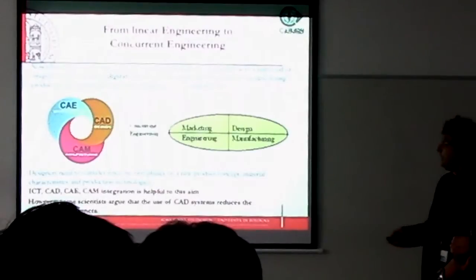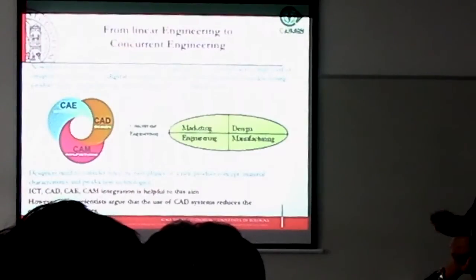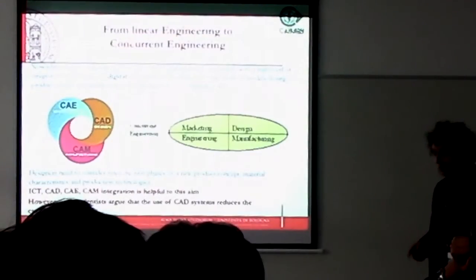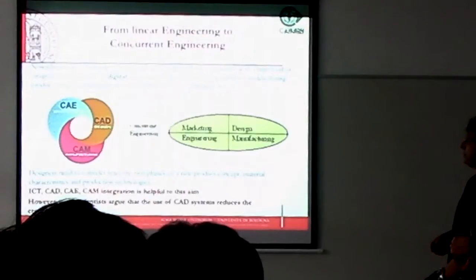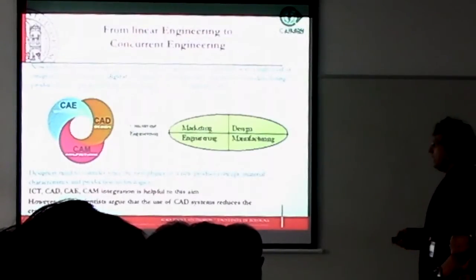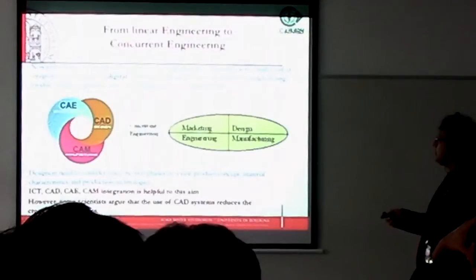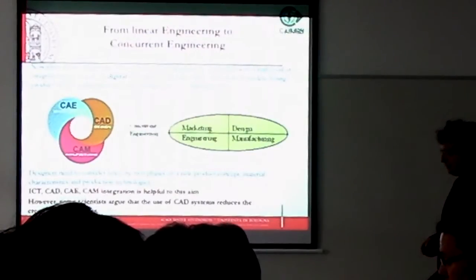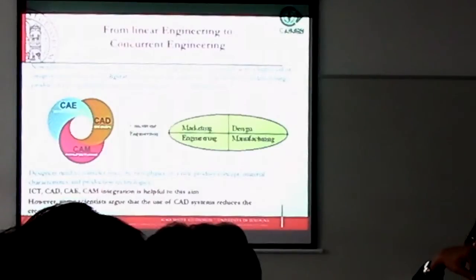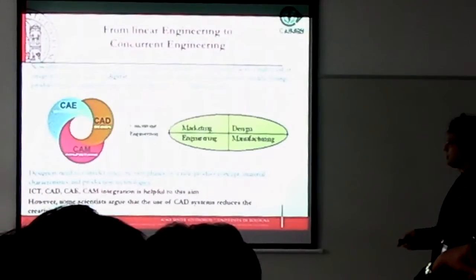Today, luckily, the digital information is available during all the manufacturing process, during all the product development, and it means that it is possible to integrate each phase in a concurrent engineering approach. And again, this digital information that is available in each phase of product development allows the integration of these tools, and this integration is helpful.